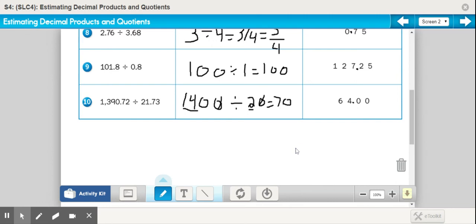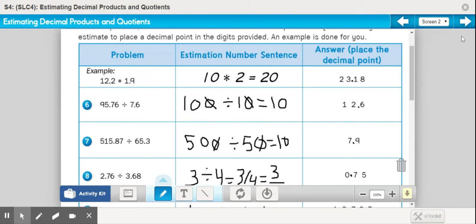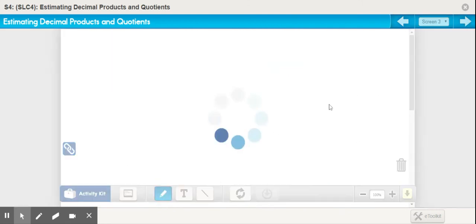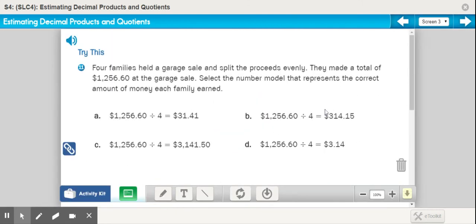How do you feel about division? I think division estimates are definitely tricky. So last problem, guys. Try this, and I am going to have you go ahead and try it. I'll read it aloud though. 4 families held a garage sale and split the proceeds evenly. They made a total of $1,256.60 at the garage sale.